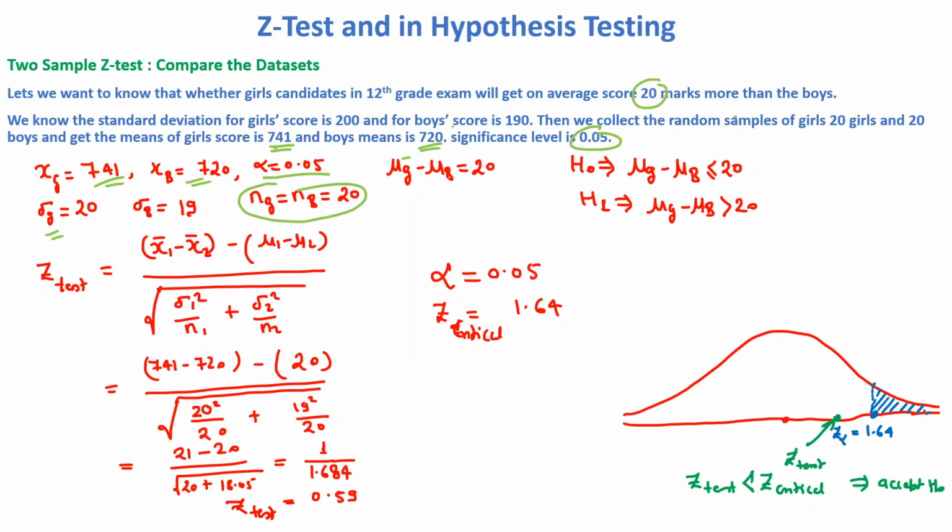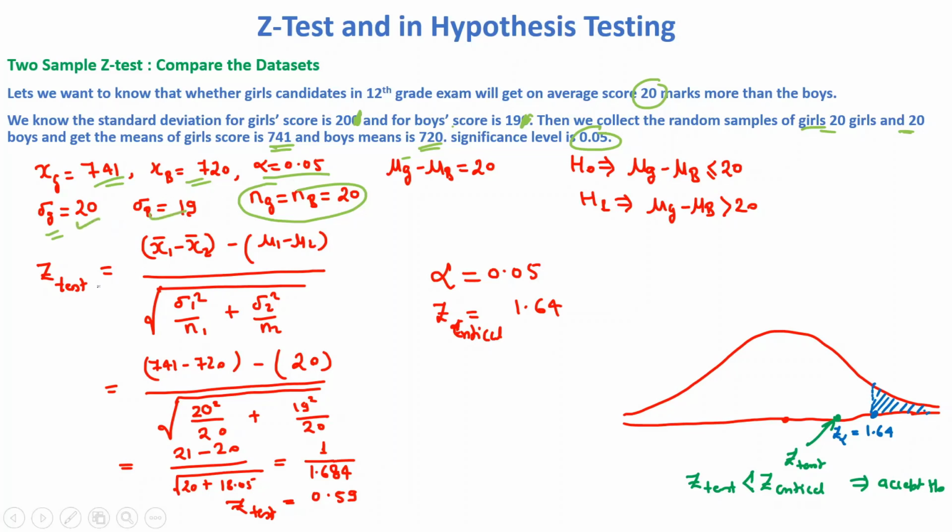Here you can see the random samples, 20 girls and 20 boys. So this is, I think, wrong. It should be 19 and 20. So the standard deviation is 20 for girls and 19 for boys score. These are the population standard deviations given.